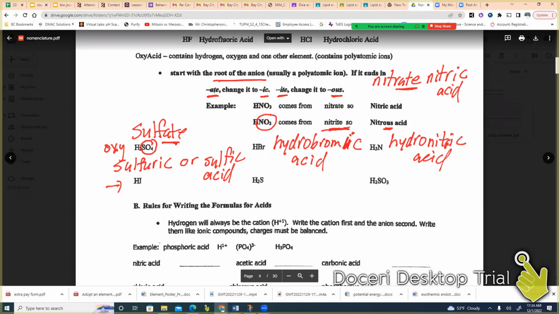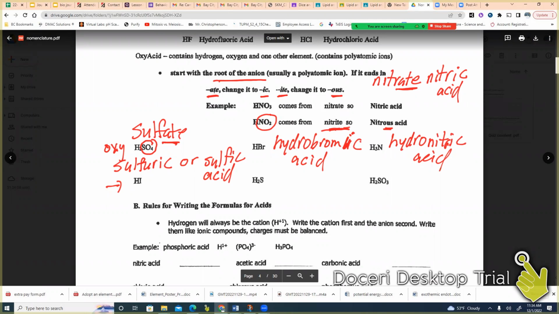A lot of these are not real common, like I've never had to buy hydroiodic acid. We use the sulfurics a lot. Nitric acid is really strong, so we try not to use that. Probably hydrochloric and the sulfurics or sulfous acid are the most common ones that we use.